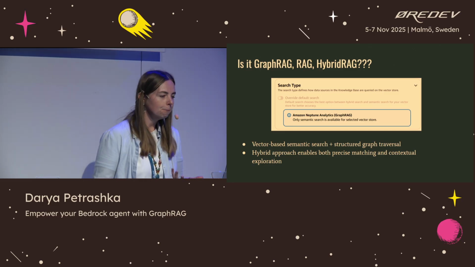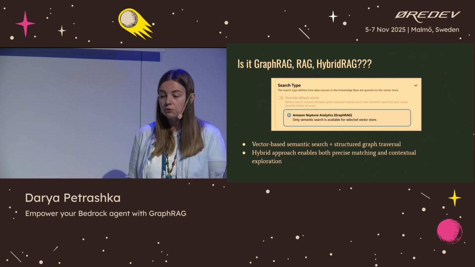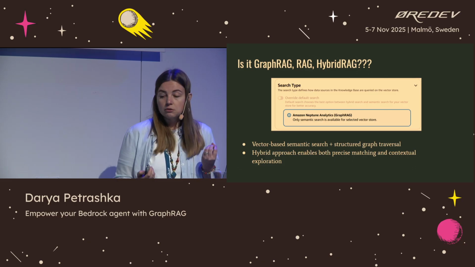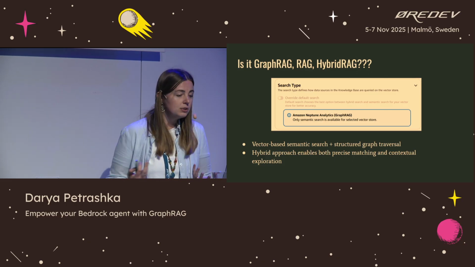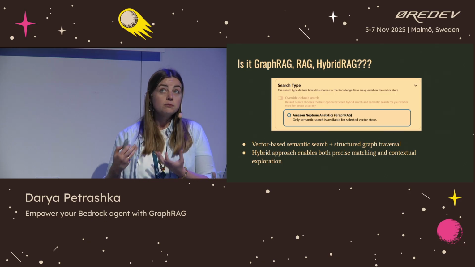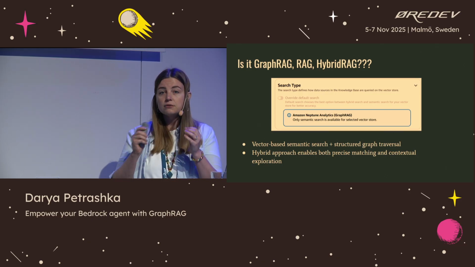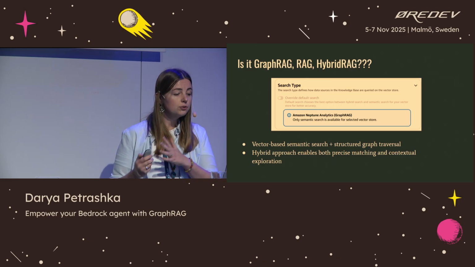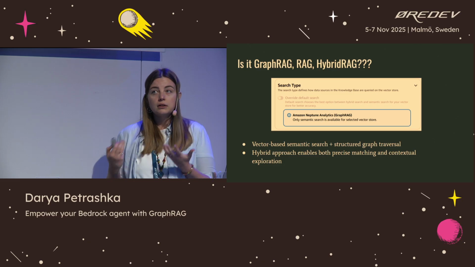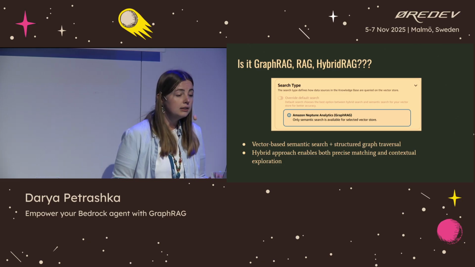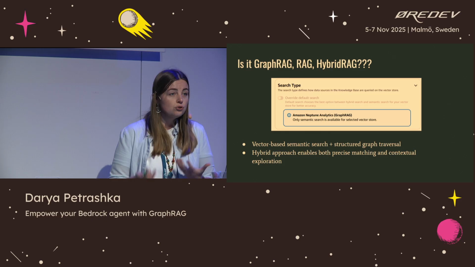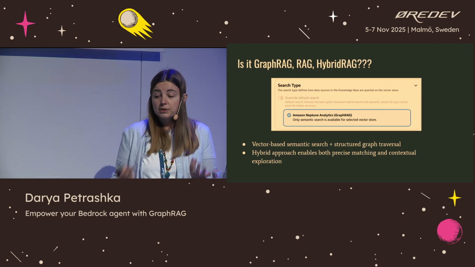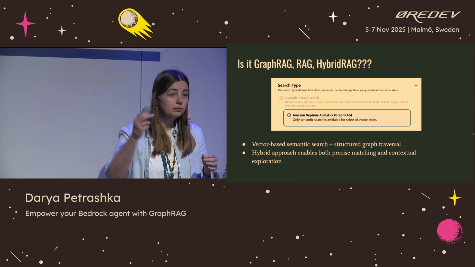We have a vector-based semantic search with structured graph traversal. So it uses semantic and keyword-based search to identify entry points in the graph, and then does the graph traversal. And then it does re-ranking and diversity filtering to ensure quality results. So we can say it's a hybrid approach with precise matching and contextual exploration.